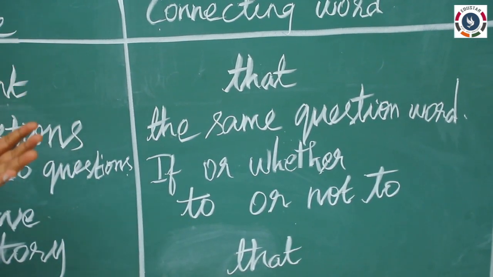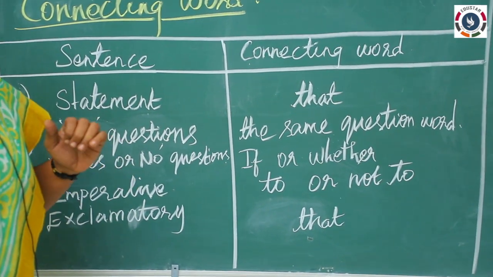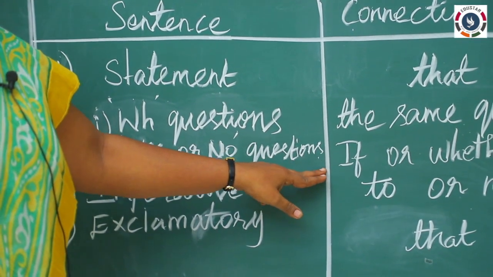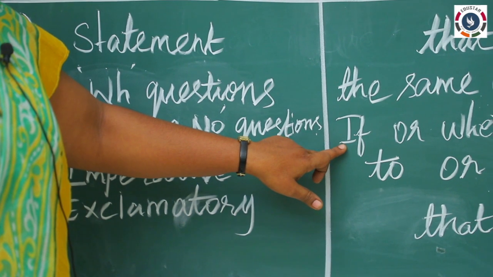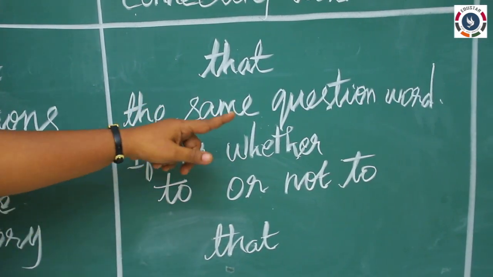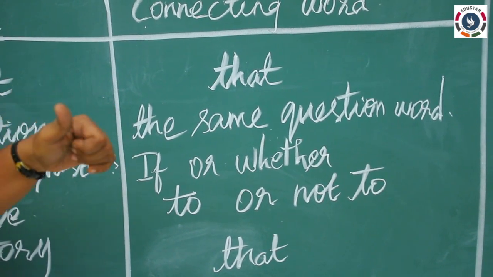If it starts with "when", then that same word will be used as a conjunction. And for yes or no questions, your conjunctional word is "if" or "whether". In these two, you can choose any one, whether it may be "if" or "whether".